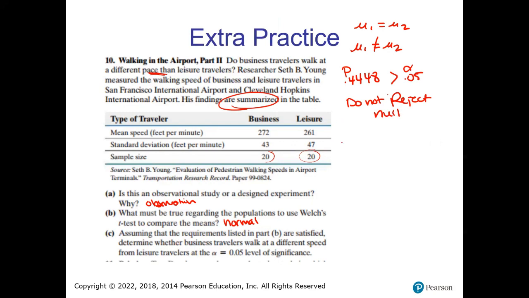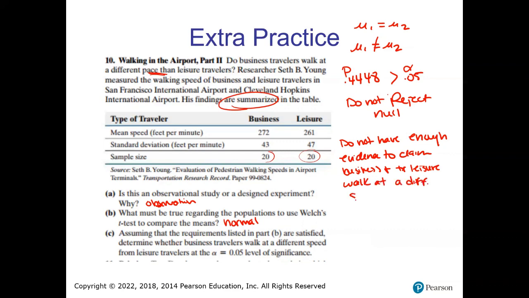If we do not reject the null, we do not have enough evidence to claim business and leisure travelers walk at a different speed.